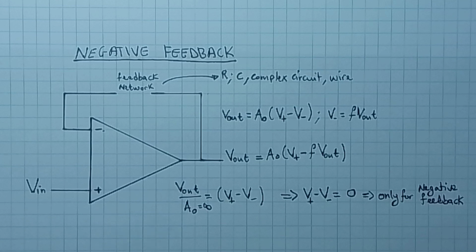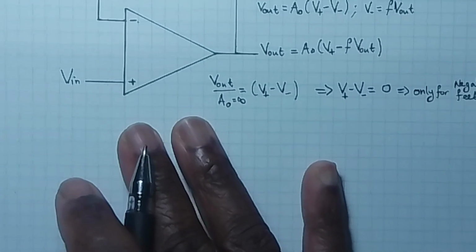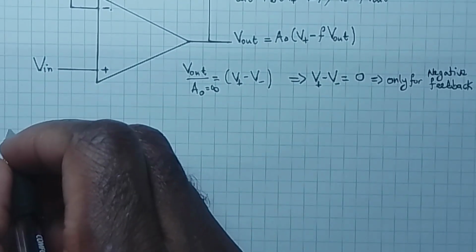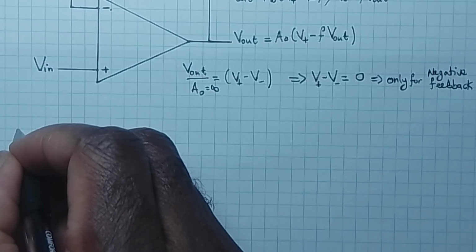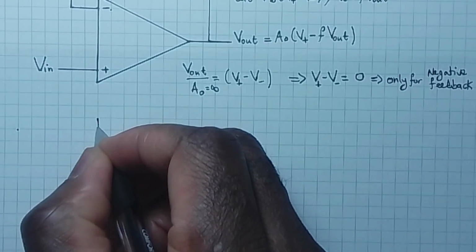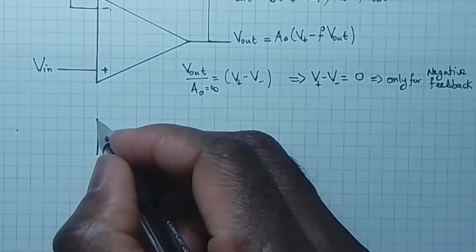So let's see some examples of negative feedback circuits. Let's consider one simple example with an op amp.